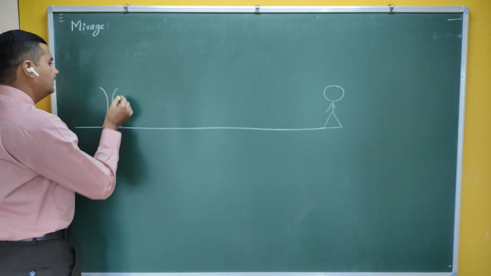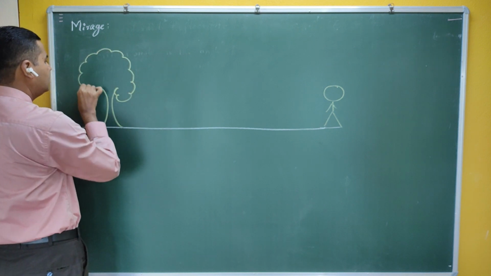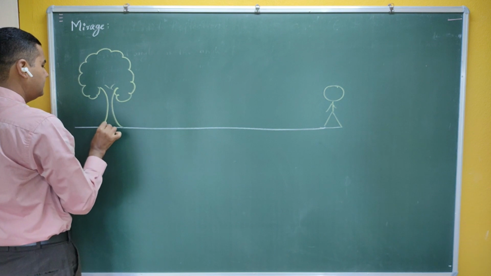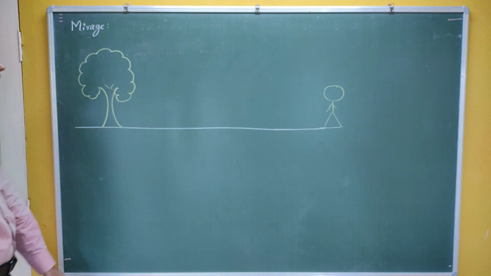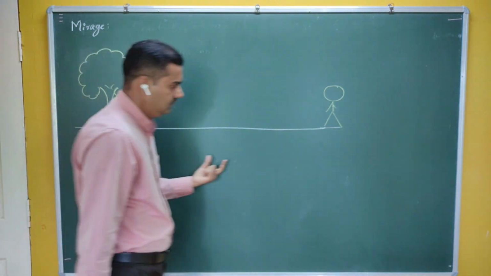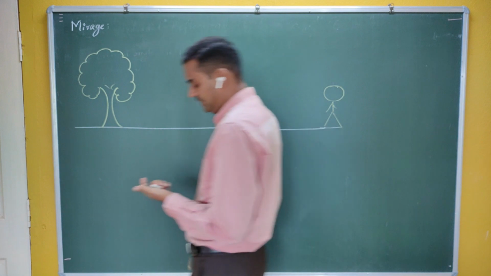Let me consider a particular object, some tree here. So this is the tree, and the observer is very far from the object.